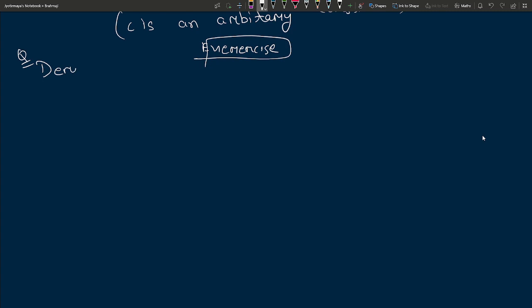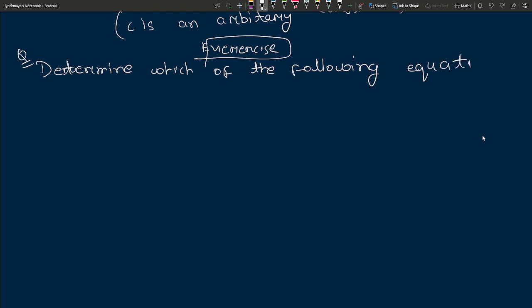Write question 1: determine which of the following equations are exact and solve the ones that are.